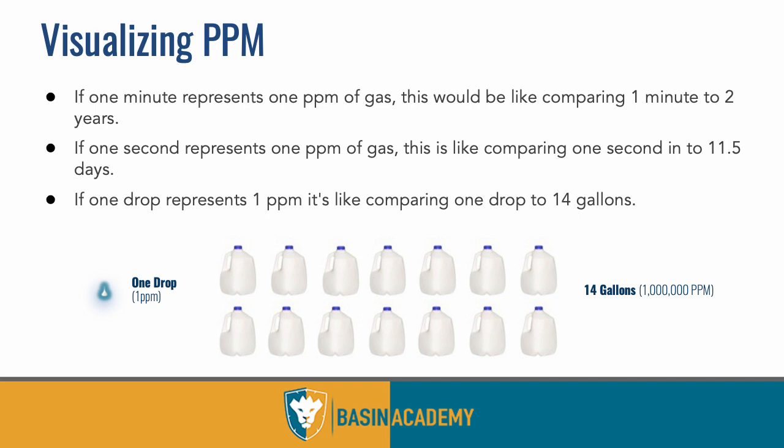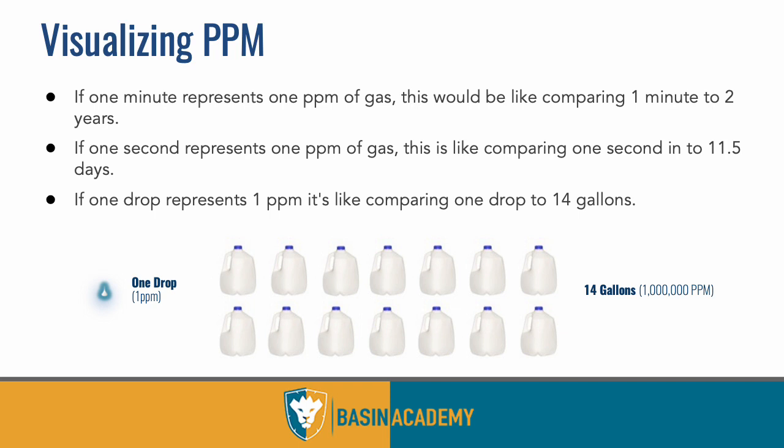So when we're talking 10 parts per million, which is kind of the range at which your alarms are going to start going off, your personal alarms and fixed alarms, 10 is not that many compared to 14 gallons. And where we can smell it is if you take that drop and divide it 1,000 times, in that part per billion range, that's when we can smell it. A lot of people say, oh, you can smell it.